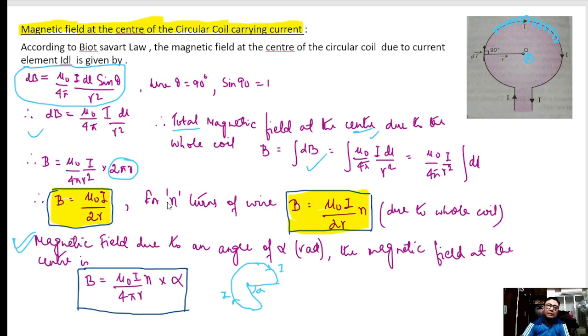It is this formula: mu 0 I n by 4 pi r into alpha. Please note, the magnetic field at the center will be this, where alpha is in radians.